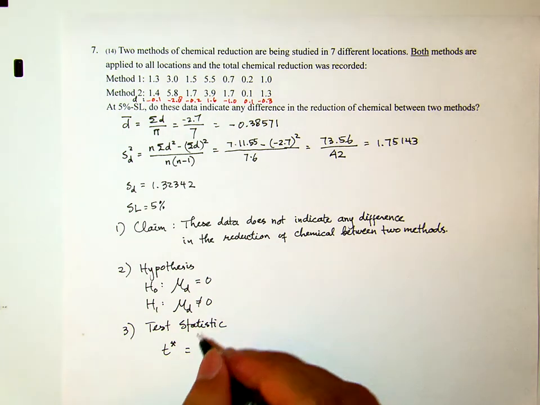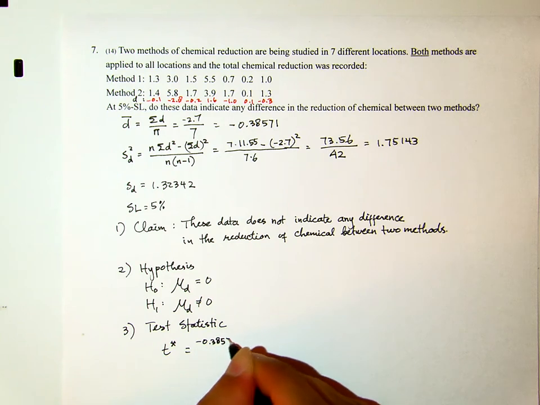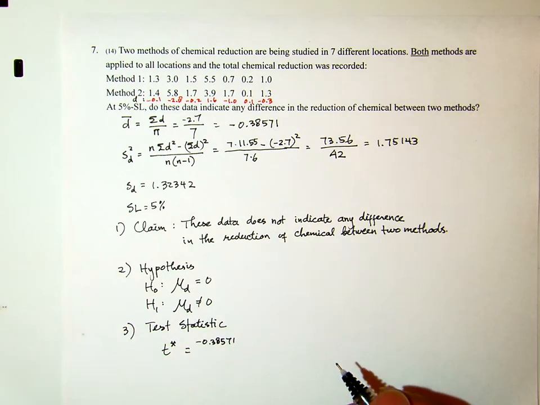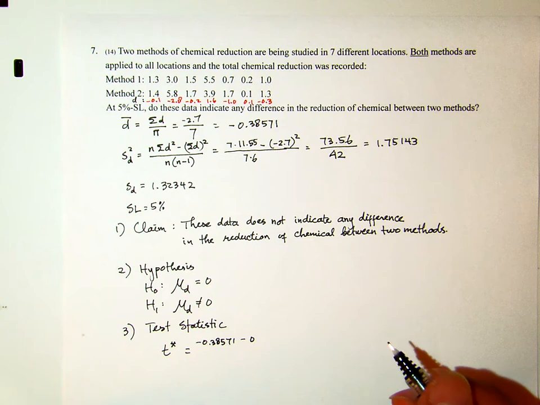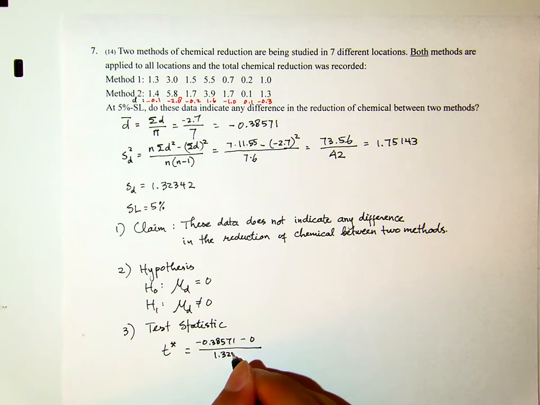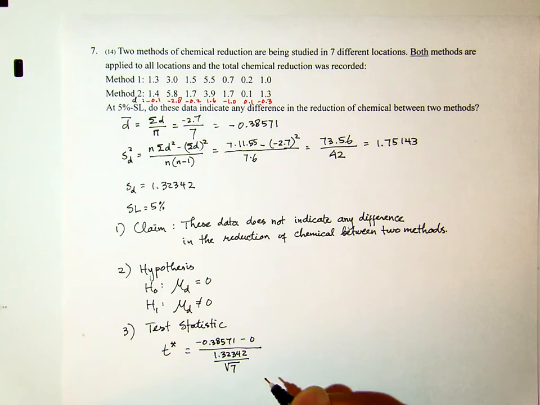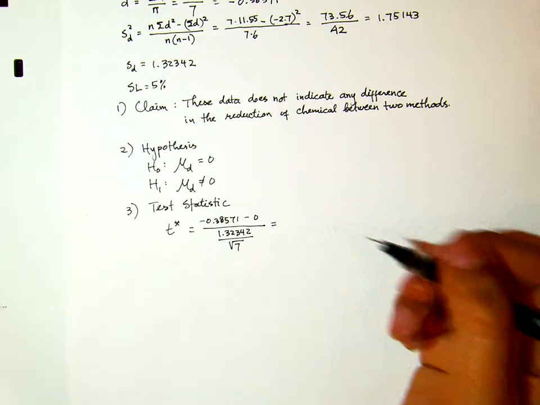The test statistic T is negative 0.38571, the sample mean of the differences, minus the expected population mean of differences, over the standard deviation over the square root of the sample size.